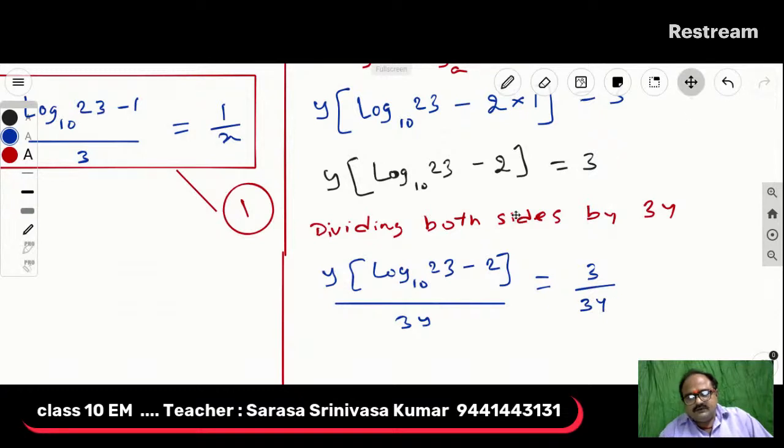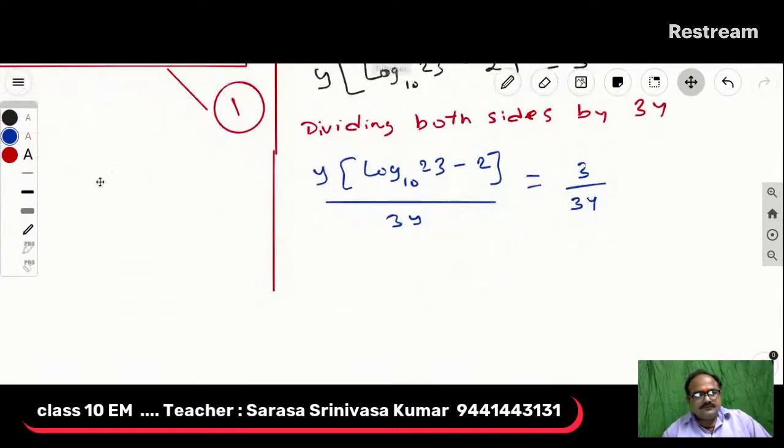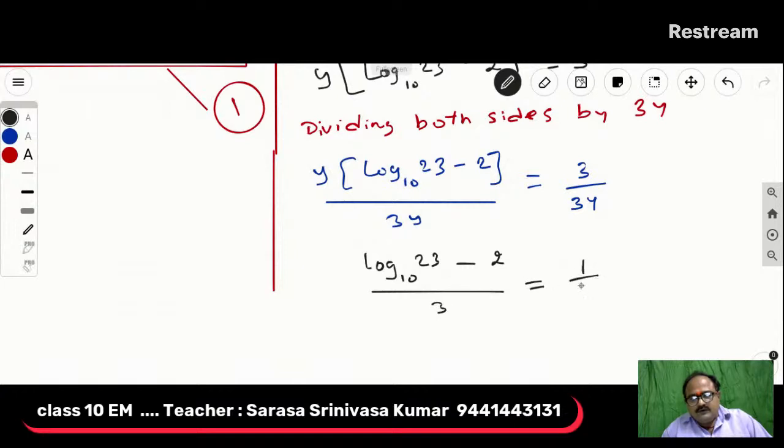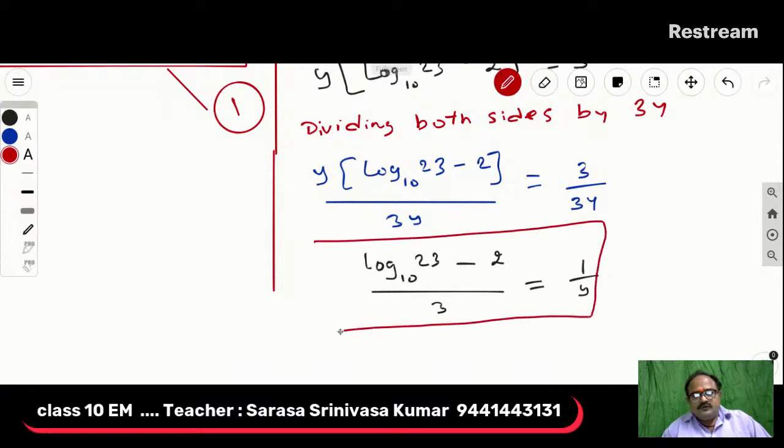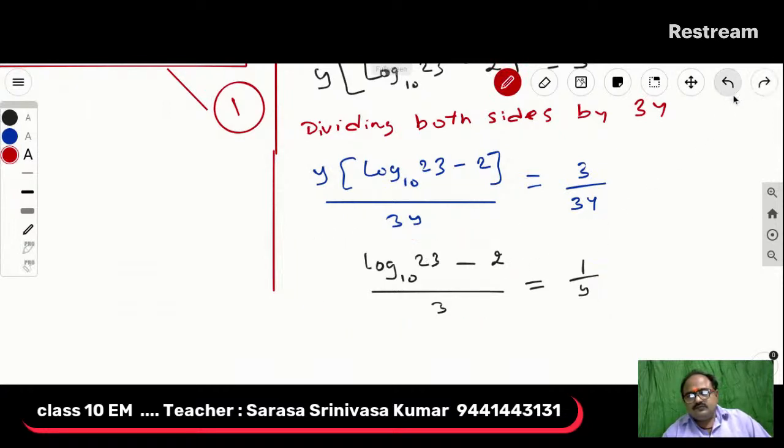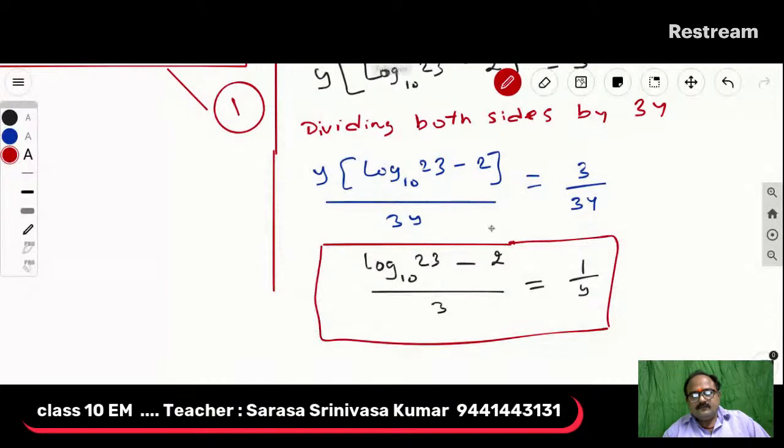On cancellation, we get log 23 base 10 minus 2 by 3 equal to 1 by y. So this is taken as 2.